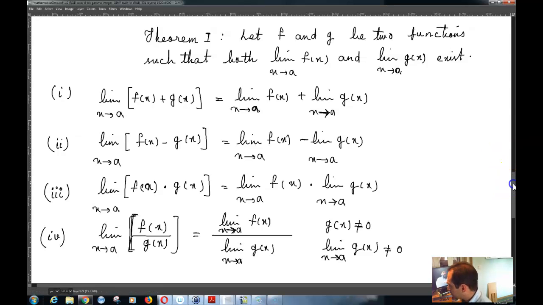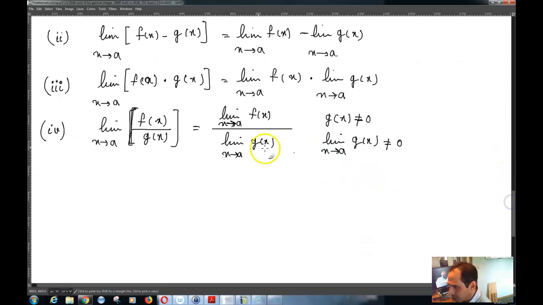Now, there is a special case for case 3 that we said over here, the limit of f of x times g of x is equal to this whole thing.